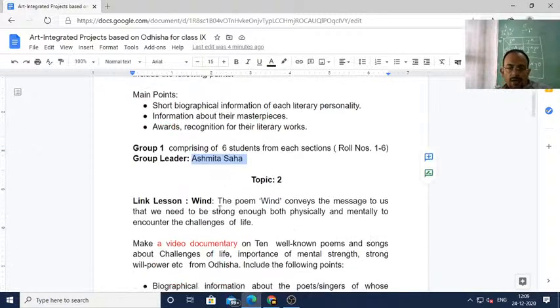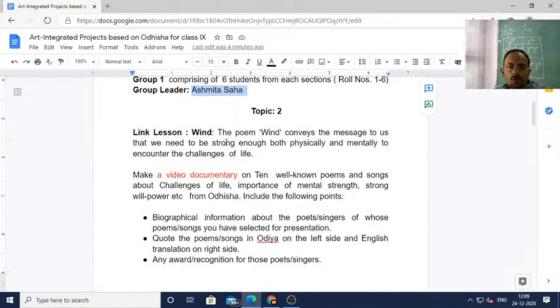Okay, topic two, you see, Wind. The poem Wind conveys the message to us that we need to be strong enough both physically and mentally to encounter the challenges of life.